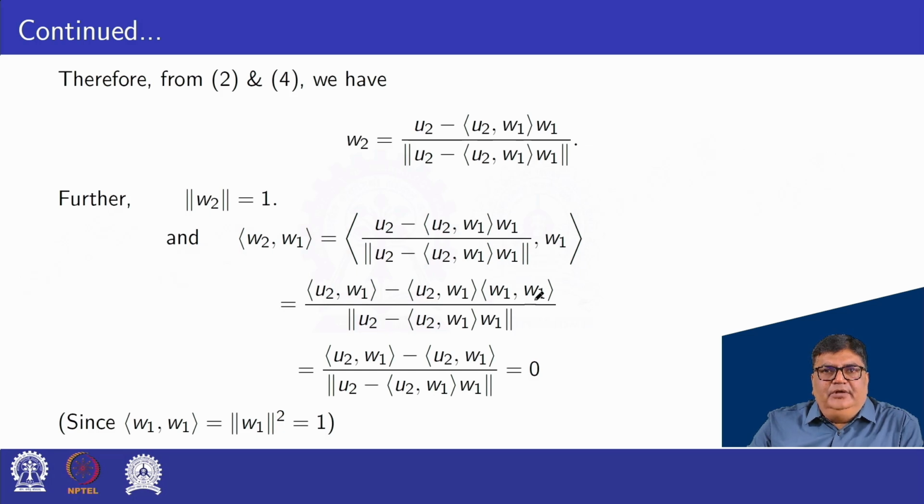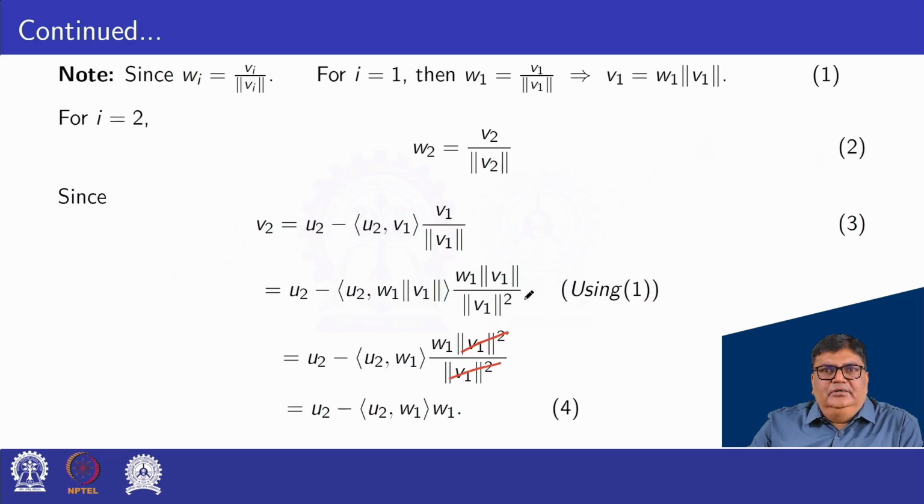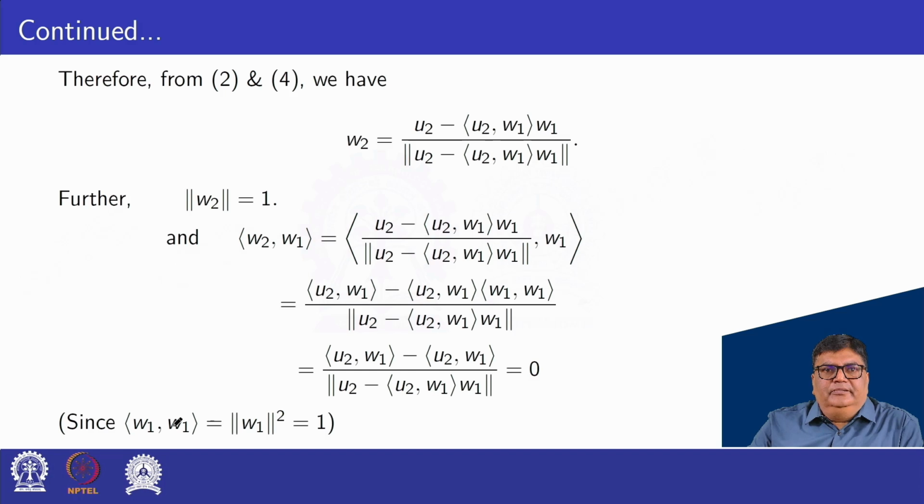Inner product of w1 and w1 is norm of w1 squared, that is 1. So we have inner product of u2 and w1 minus inner product of u2 and w1 upon this. So this is cancelled out.